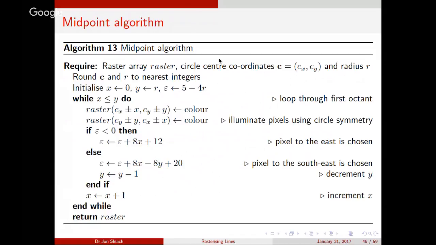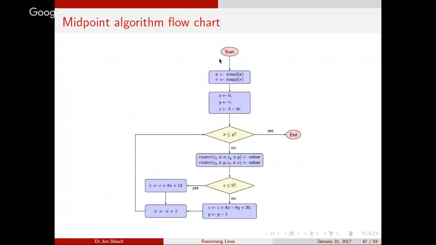If it's positive, we go to the southeast, and we subtract 1 from y, and then we increment x. So quite similar to Bresenham's algorithm. And of course, if you want it as a flow chart, you could. It's the same thing. It's just some people find it easier to understand it when it's in that form.